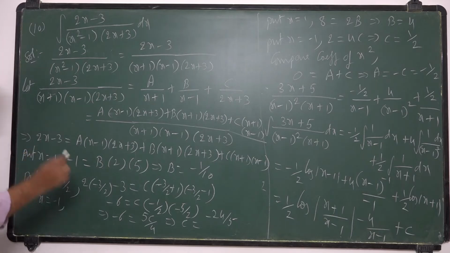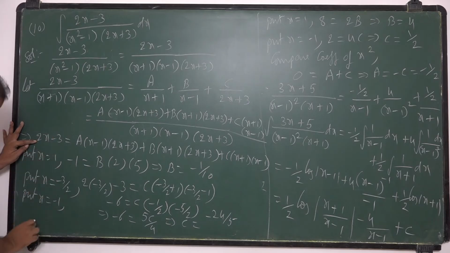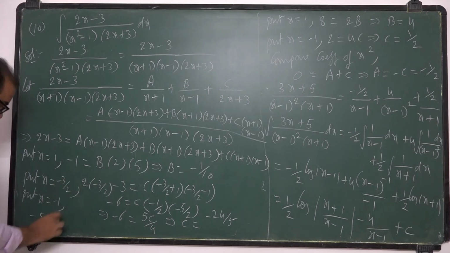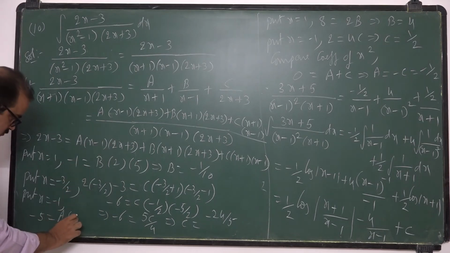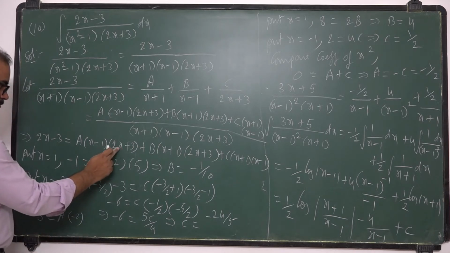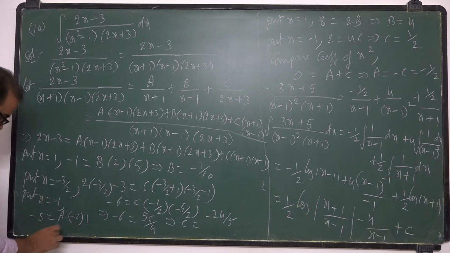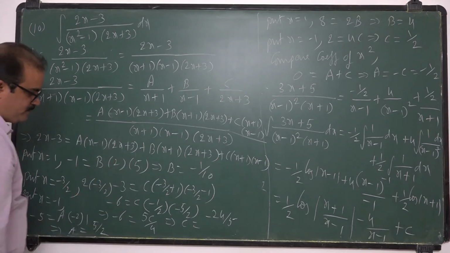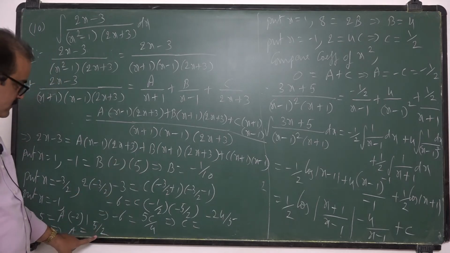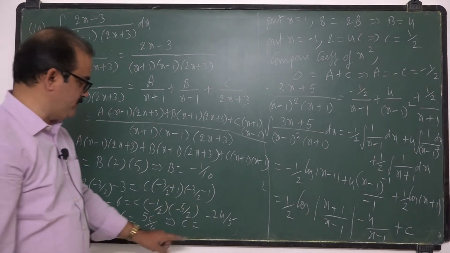LHS becomes minus 2 minus 3, minus 5, is equal to, in RHS, A into minus 1 minus 1, minus 2, into minus 2 plus 3, that is 1. So minus 2A is equal to minus 5. From this, A is equal to 5 by 2. So A value is 5 by 2, B value is minus 1 by 10, C value is minus 24 by 5.